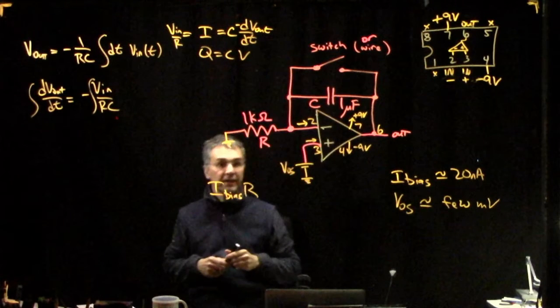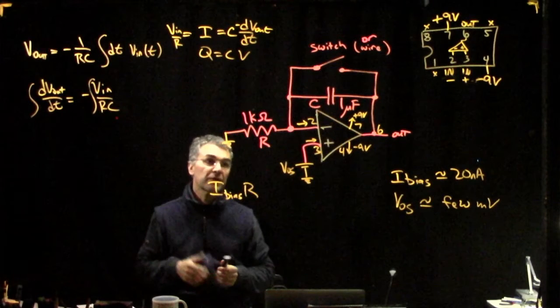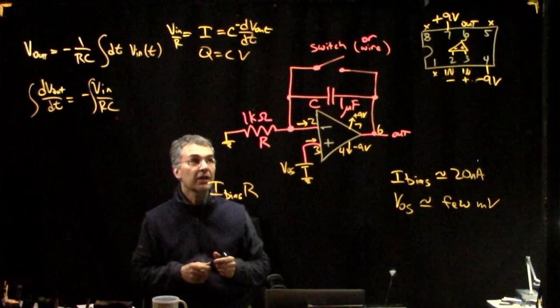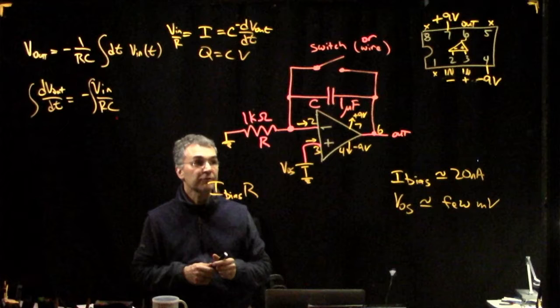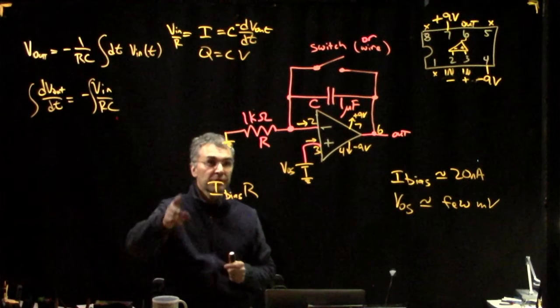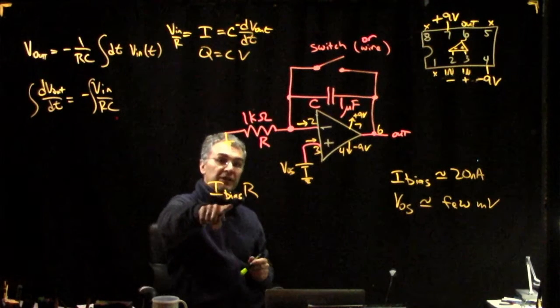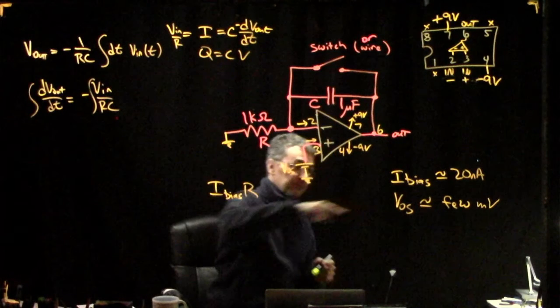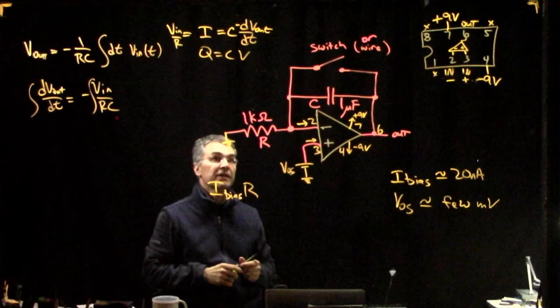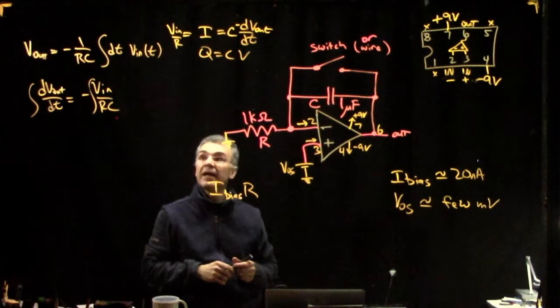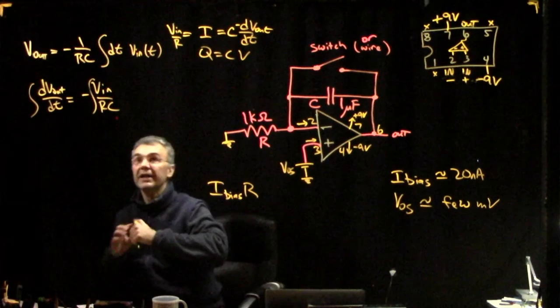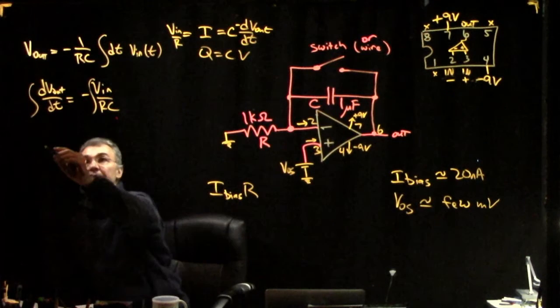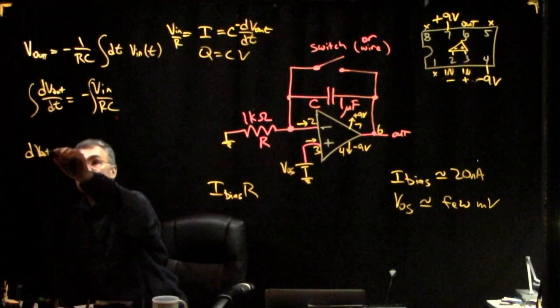Okay, and so then we'll try to quantify in a moment how big those two effects are. But basically we have as if V in were I bias R, and then we have as if V in were V offset. So dV out dt.